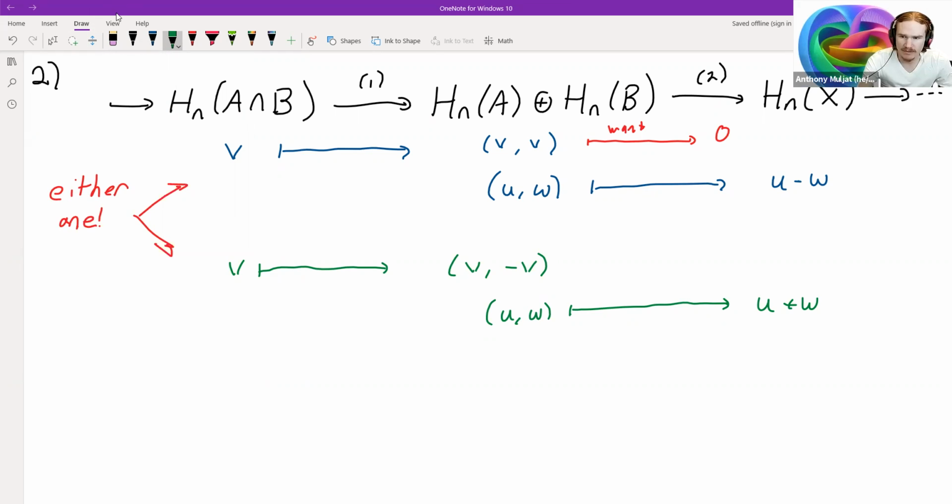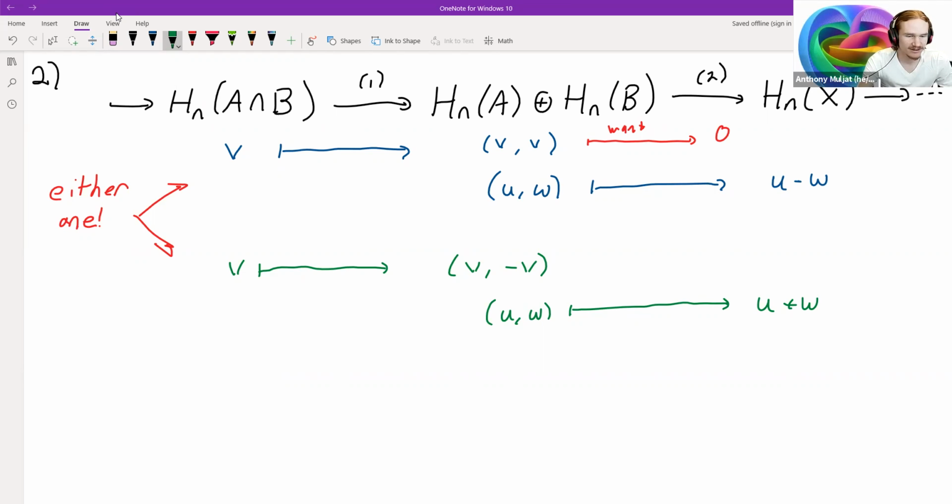And what's the map out of Hn of X? Is that just the boundary map restricted to A intersect B? I believe it comes from the snake lemma.